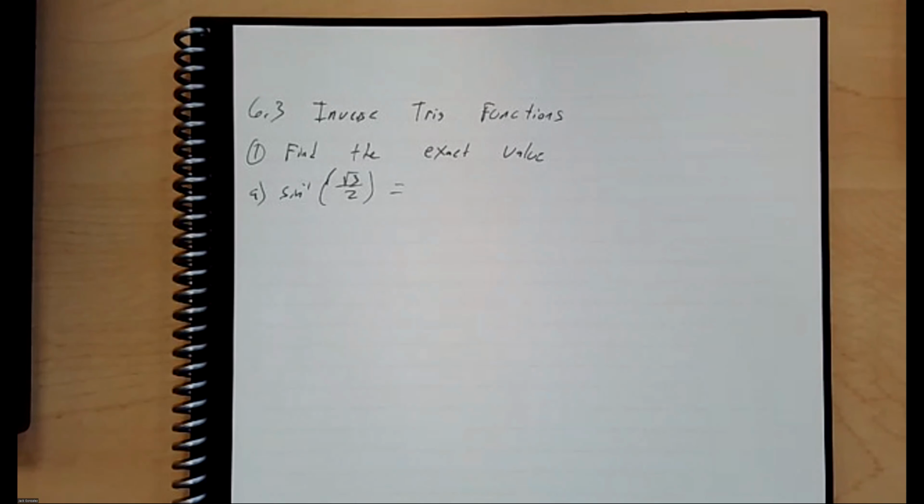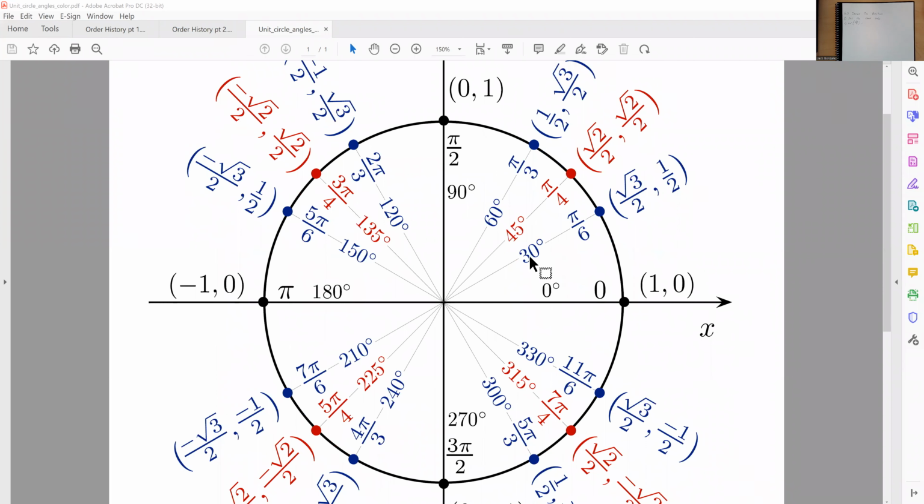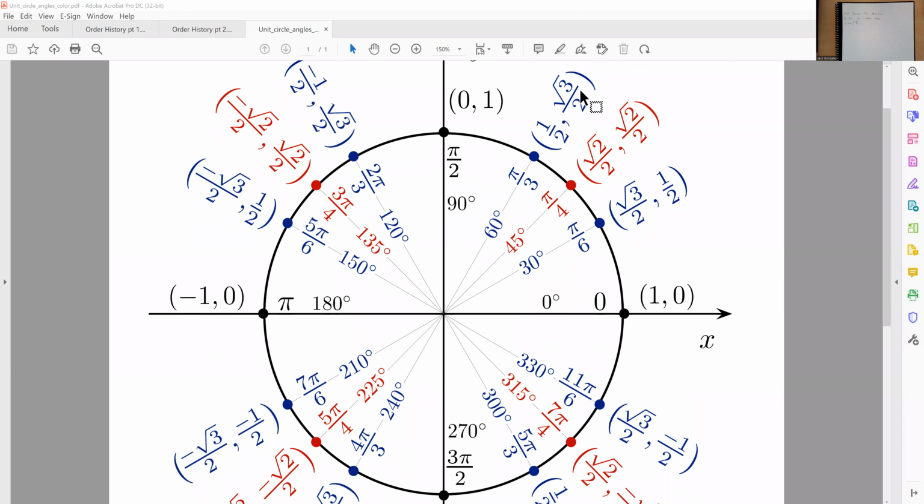So basically that's asking which angle has a y value of square root 3 over 2. Remember, sine inverse is on the right half of the circle. So it's going to be 60 degrees, right? 60 degrees.